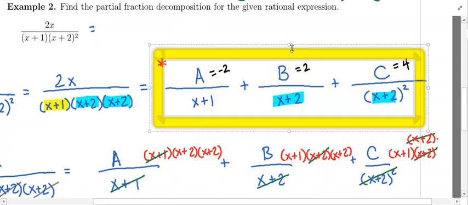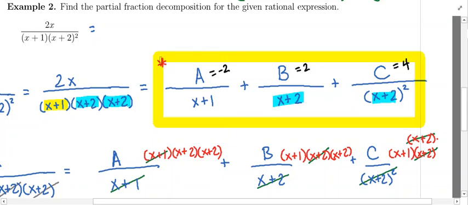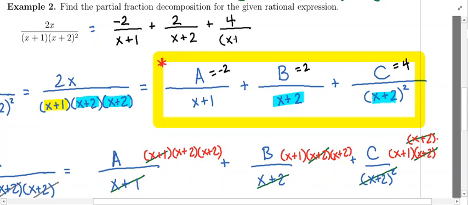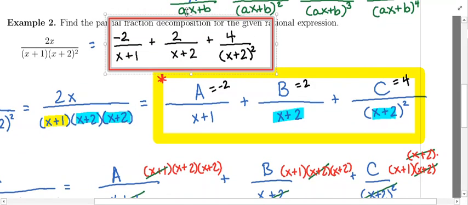We're going to follow this recipe and write down the partial fraction decomposition. It's going to be a, which is negative 2 over x plus 1, plus b, which is positive 2 over x plus 2, plus c, which is 4 over x plus 2 quantity squared. This is the partial fraction decomposition.